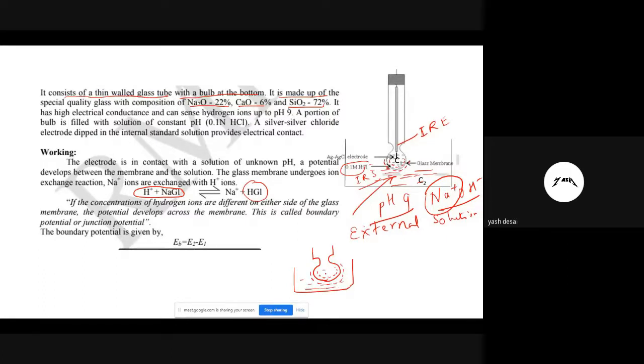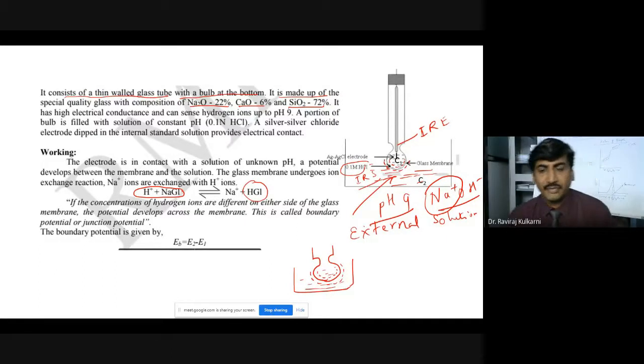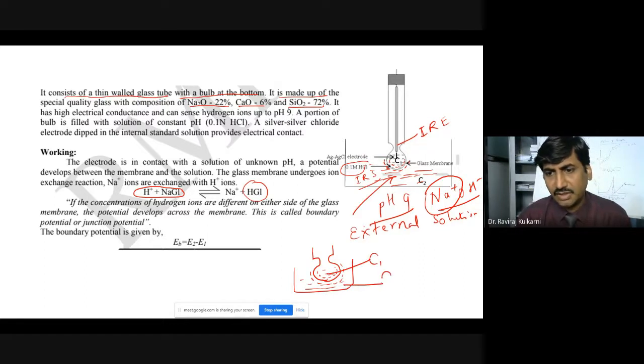So what happens if the concentration of H plus ions here is C1, and the concentration of H plus ions here is C2?